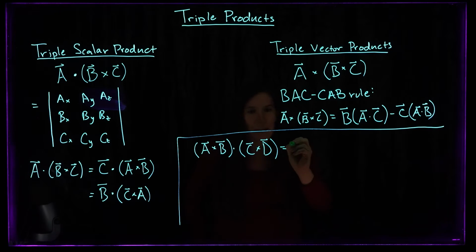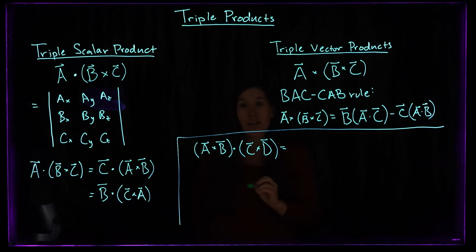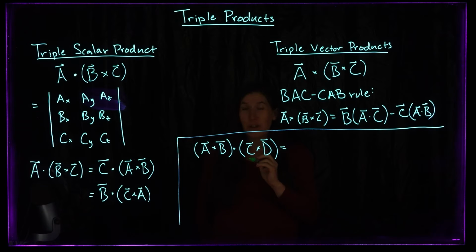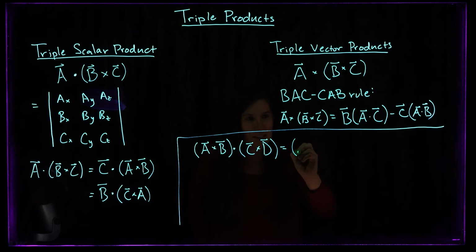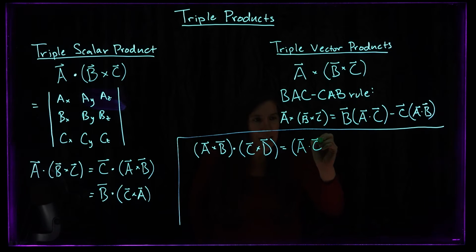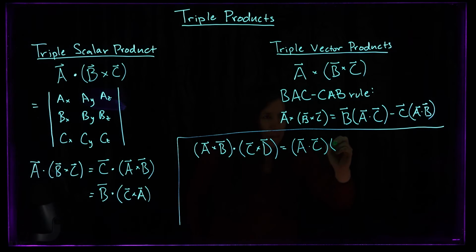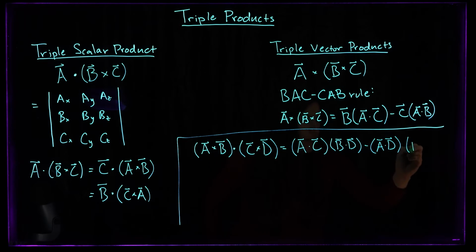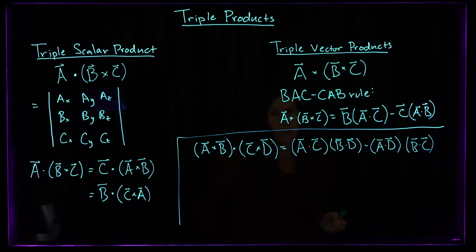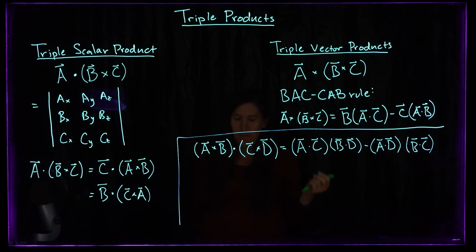This, it turns out, is just equal to, so again, ultimately you're doing a dot product, so the result of this should be, what do you think, a vector or a scalar? Well, the result should be a scalar, right? Because we're ultimately taking a dot product. This, it turns out, is equal to A dot C times B dot D, which is indeed a scalar, minus A dot D times B dot C, another scalar. So that's a nice 4 vector product.